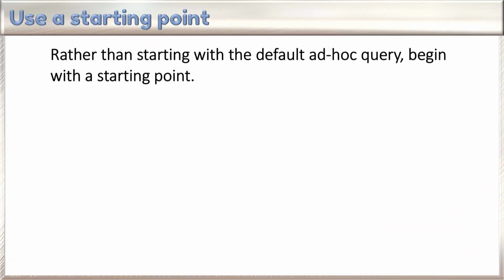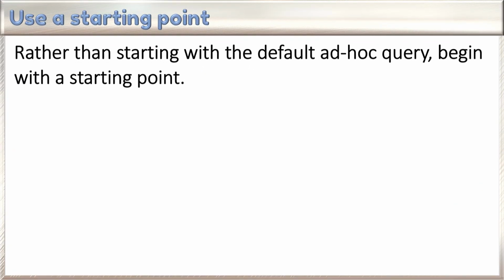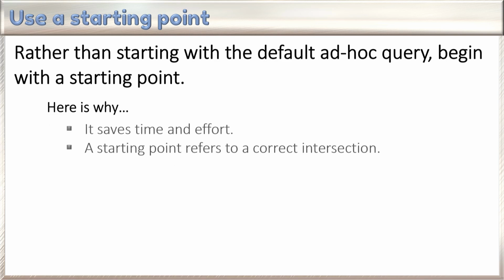When working with SmartView, rather than starting with the default ad hoc query, begin with a starting point. Here's why. First, it saves time and effort. When you start with a blank ad hoc query, you have to fill in valid members for every single dimension.